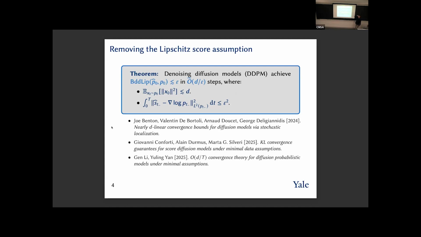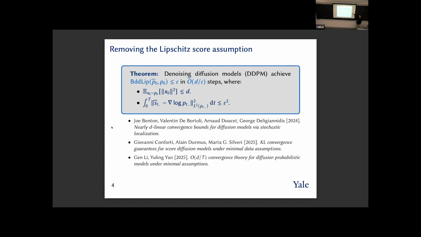This is kind of necessary because if your data distribution is lower dimensional, TV requires you to exactly find the support, whereas bounded Lipschitz is a little weaker and allows you to not have to find exactly the support. And then the number of steps, there's no Lipschitz constant L, it just becomes d over epsilon. So I think this is a very elegant result, actually. Very minimal assumptions, pretty good result.